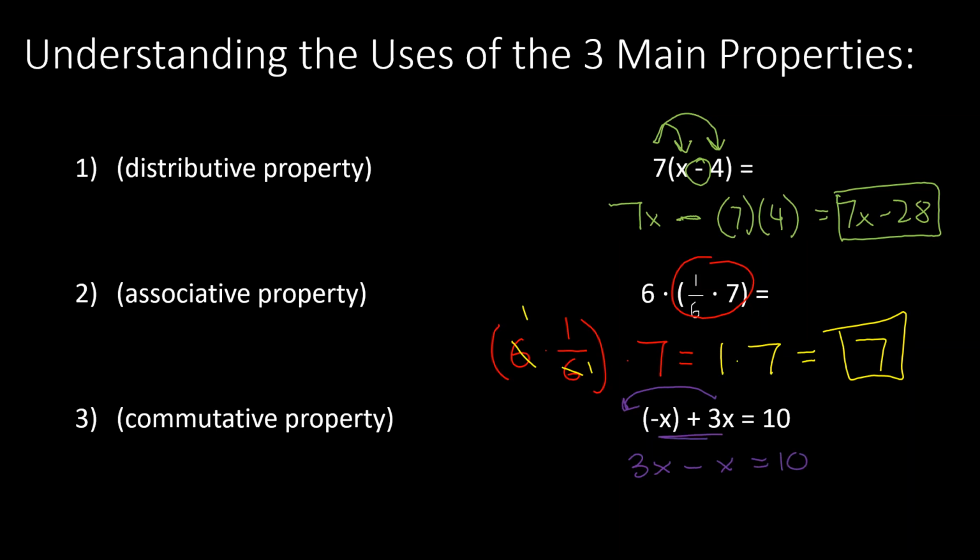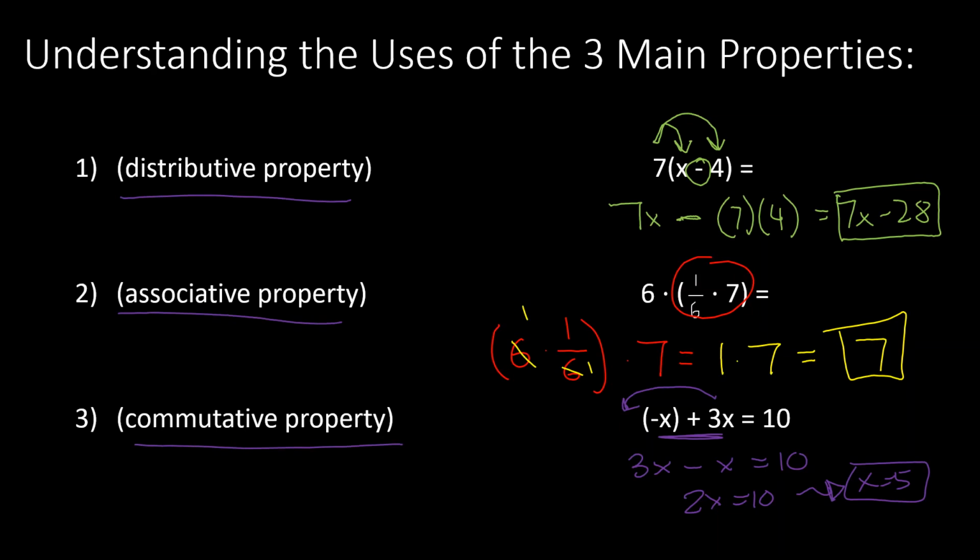I just switched the places of these two, and that is allowed because of the commutative property. And we get 2x equals 10, and finally we get x equals 5 as our final answer. This is how you use the 3 main properties in their algebra forms.